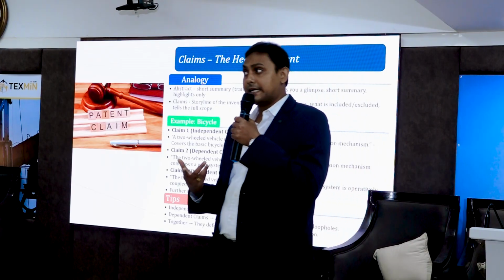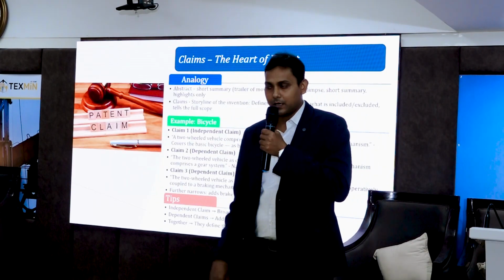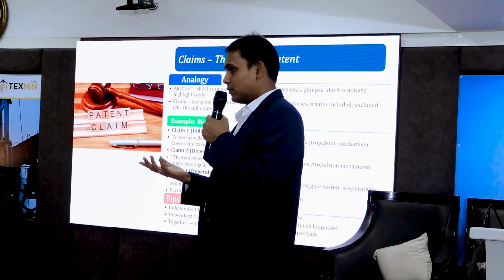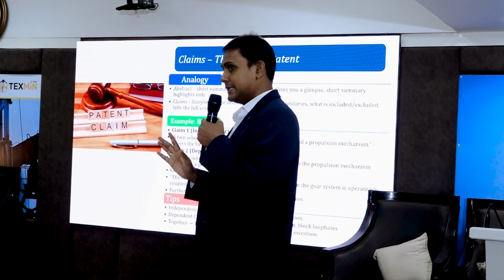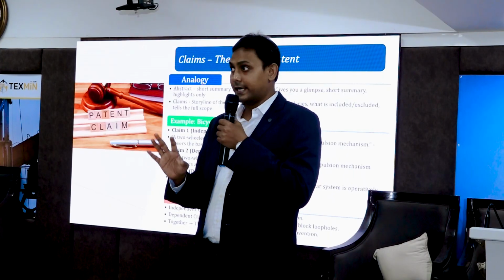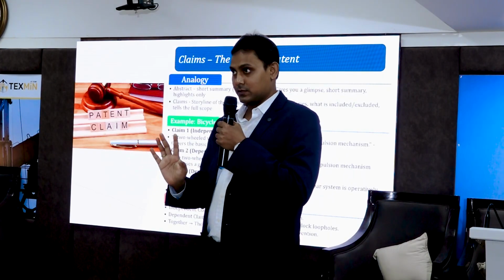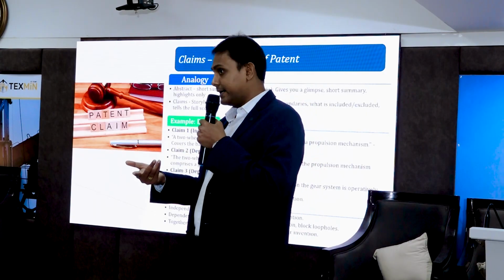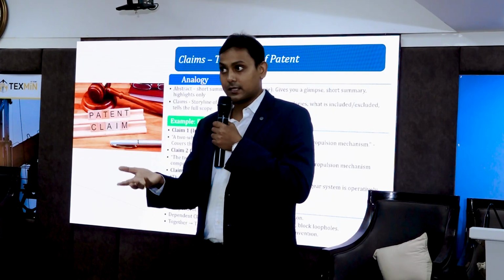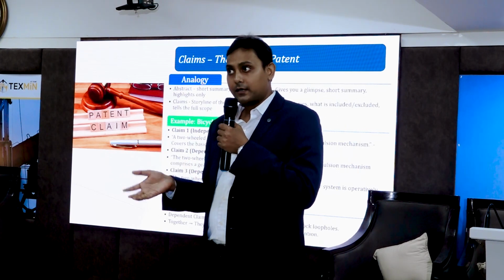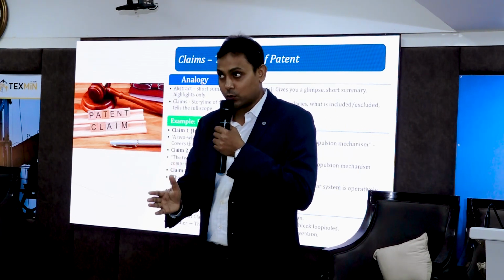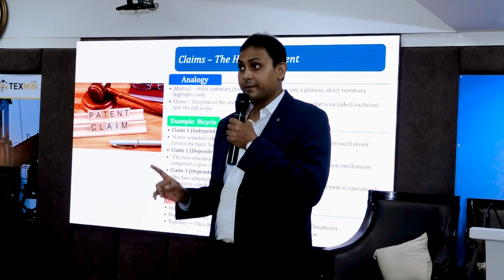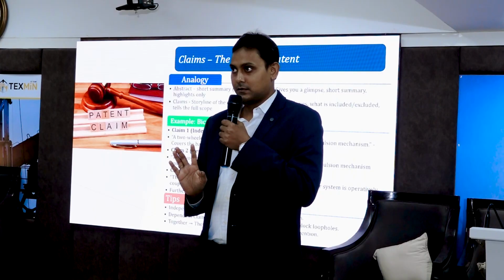So why do we write this dependent claim? Suppose the examiner has cited one document which discloses all the features of your claim 1. That means your invention is not inventive or novel with respect to the prior art that has been given. But when we analyze that prior art document, we find that the feature mentioned in the dependent claim is not there.